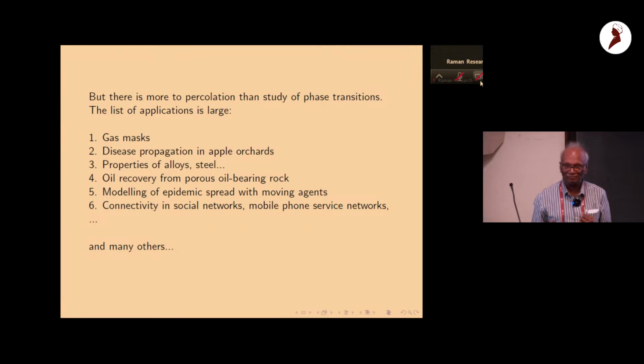Social networks nowadays are very important because, well, they were always important, but thinking of them as a network has become more important recently. So people say there are all these people, they have connections with other people, and can we understand them, or can we do something about them? I want my brand to spread all over, so can I ensure that it happens, or some such thing. Anyway, there is a lot of application of percolation theory in modeling of social networks.